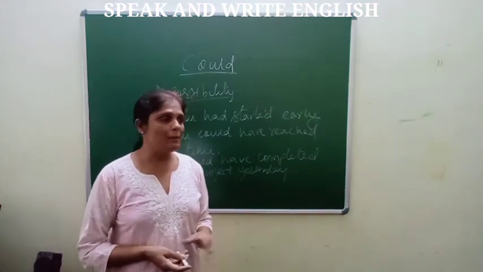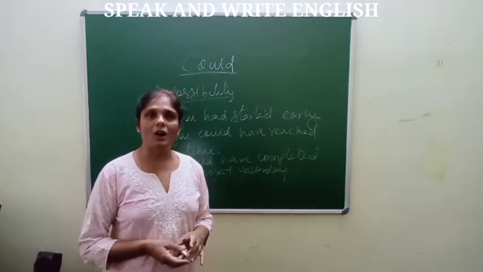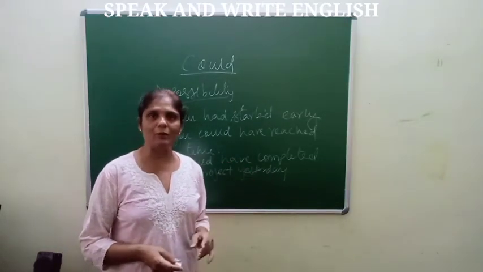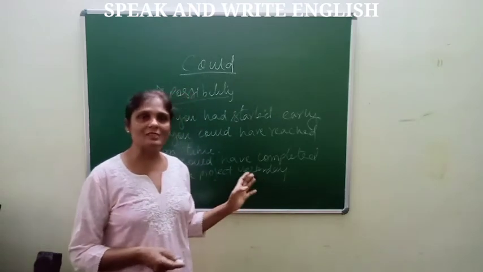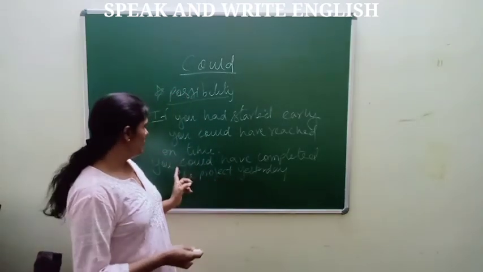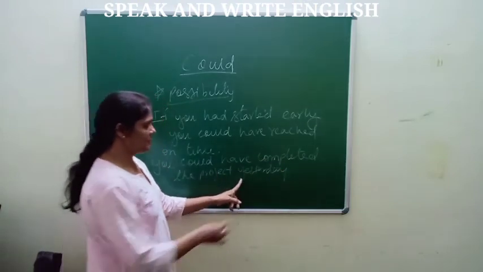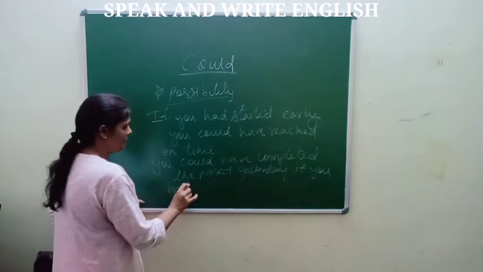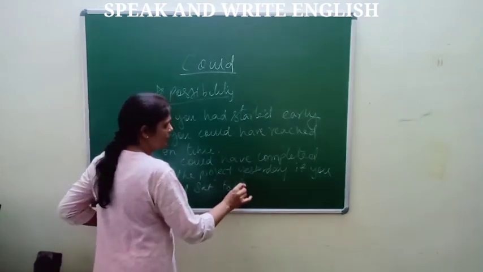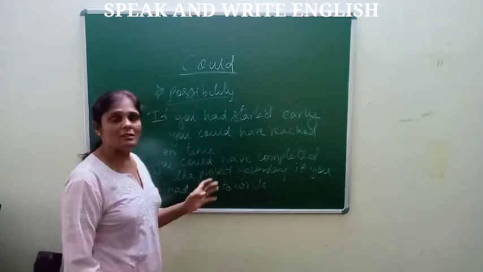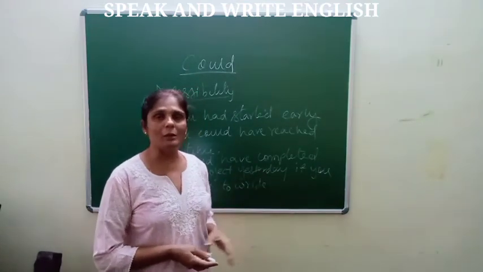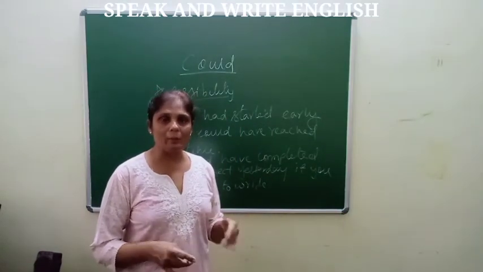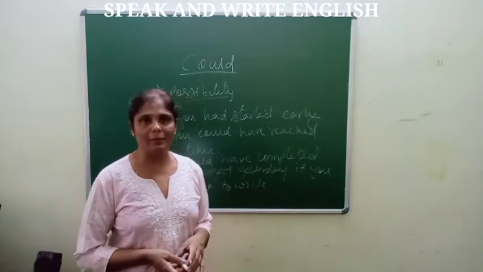But yesterday, maybe you did not sit to write the project. You could not complete your work. So there was a possibility of you completing the project yesterday, but because you did not sit to do it, you could not complete it. You could have completed the project yesterday if you had sat to write. So it also talks about the possibility of happening, but it did not happen.